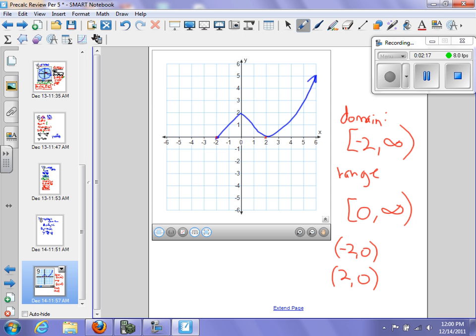And I have a third intercept right here on a y-intercept, so don't forget your y-intercepts. And that would be at (0, 2). And those are my only intercepts that I can see. And intercepts have to be listed as points. An intercept is a point.